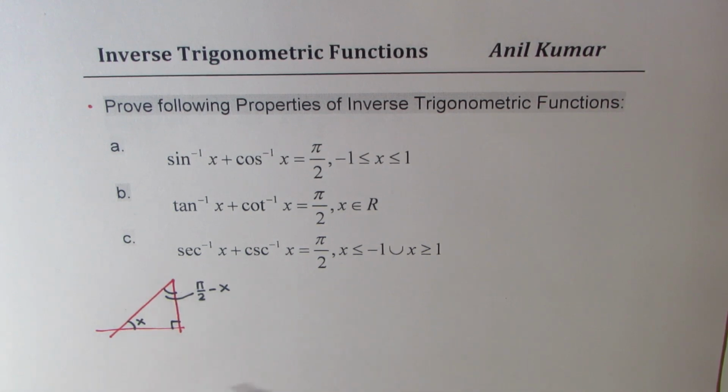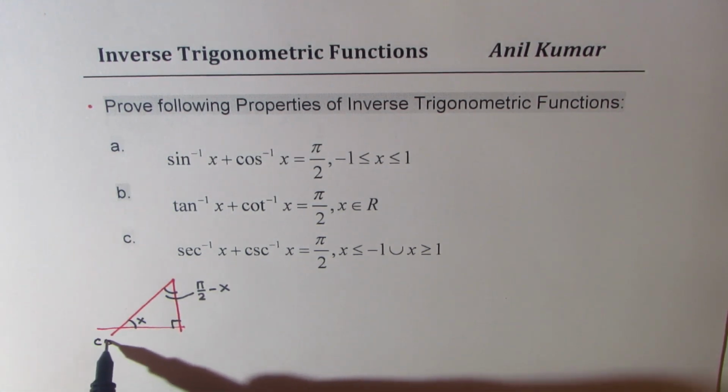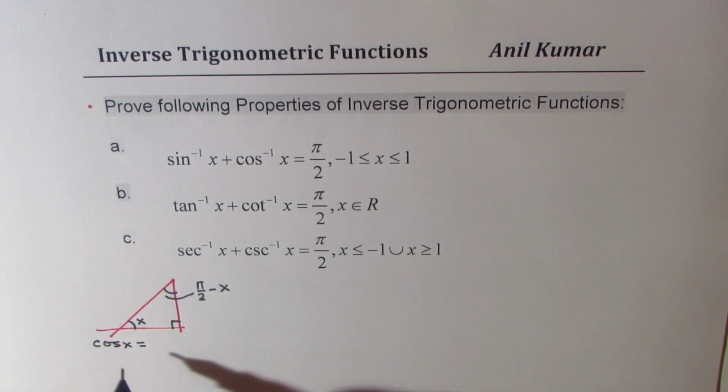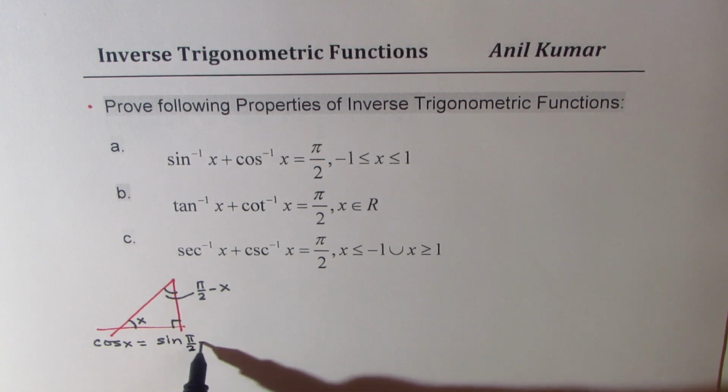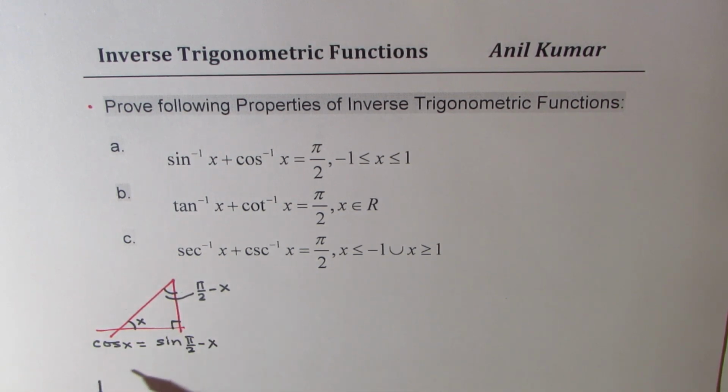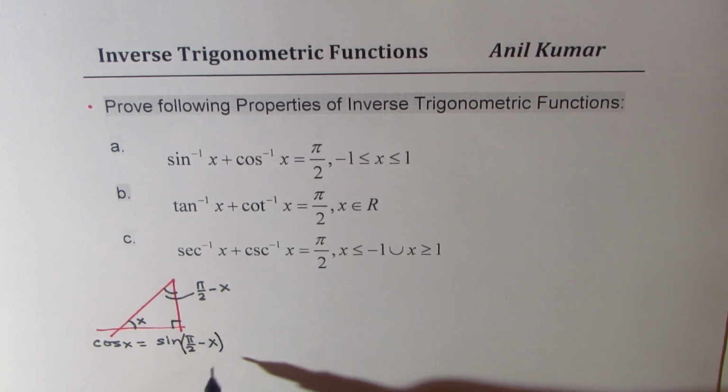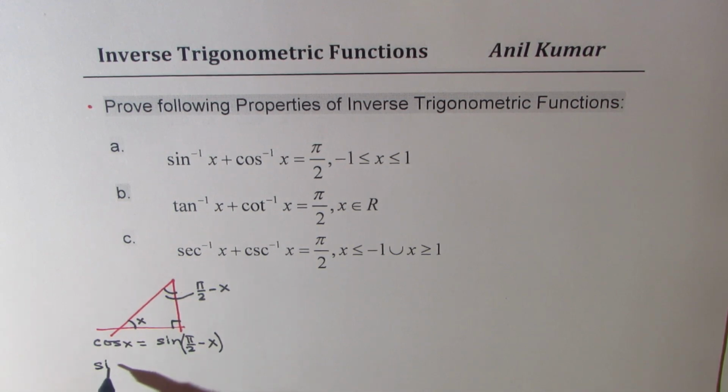So looking into this problem, you can always say that cos x is sine of pi by 2 minus x. We could write the other way also, right? We could write sine x as equal to cos of pi by 2 minus x, correct?